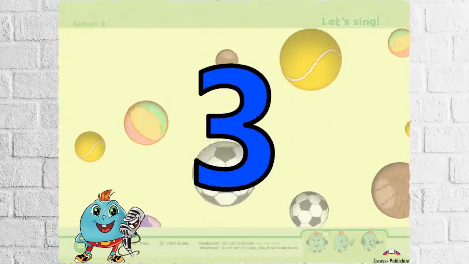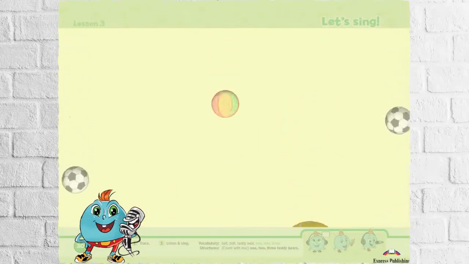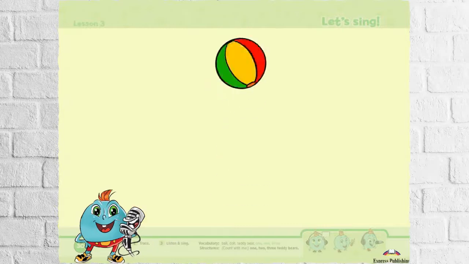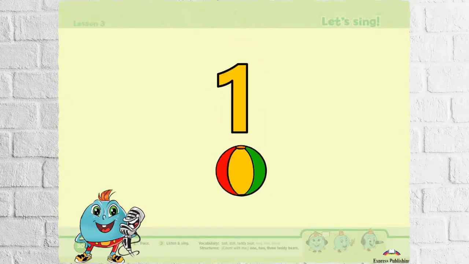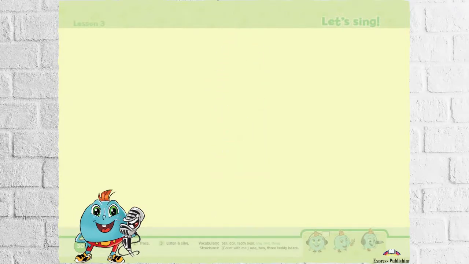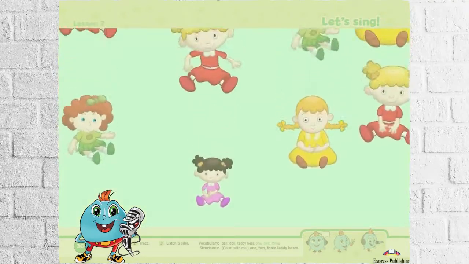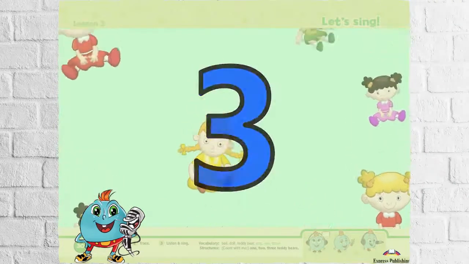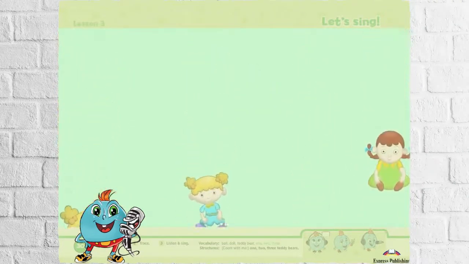1, 2, 3. Count with me. How many balls can you see? 1. 1, 2, 3. Count with me.